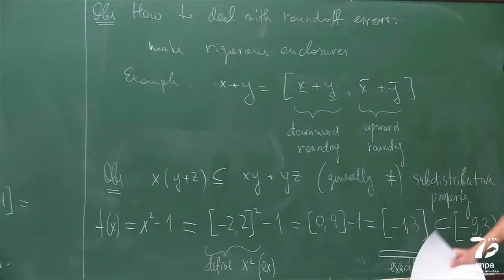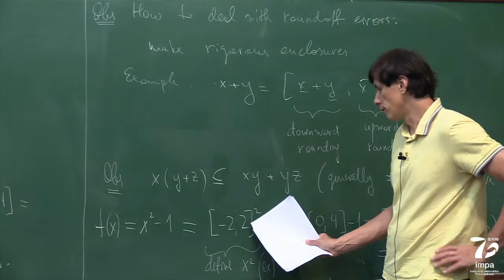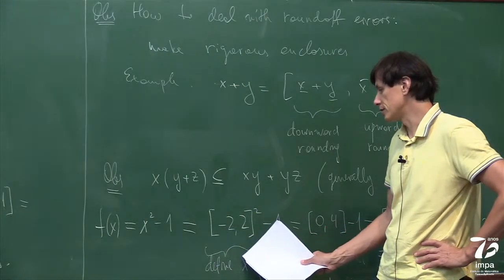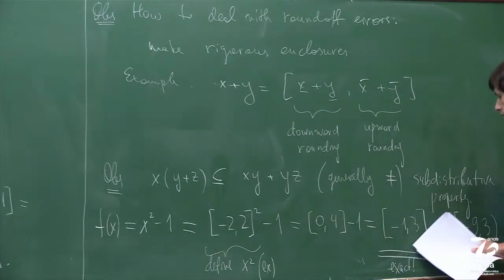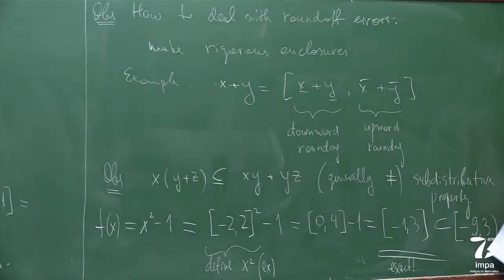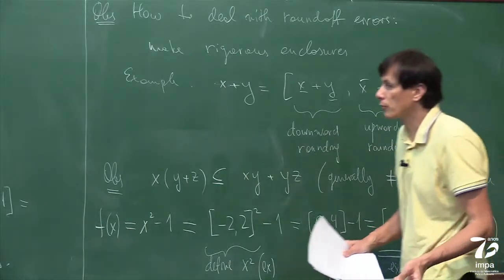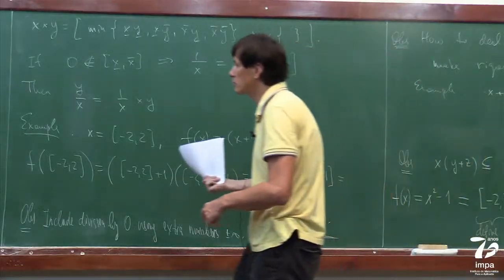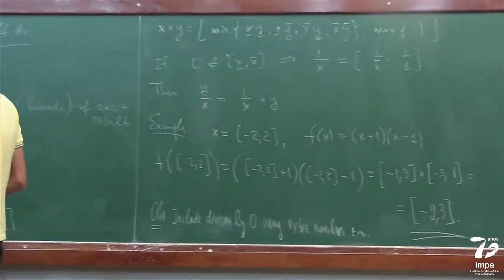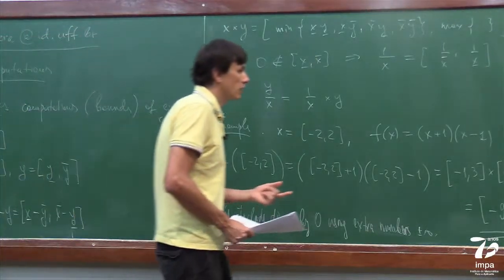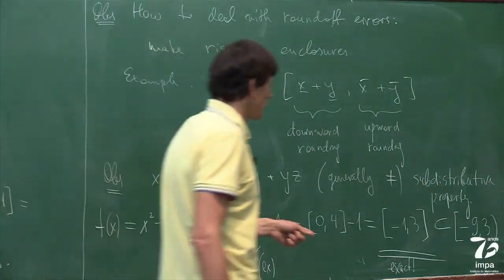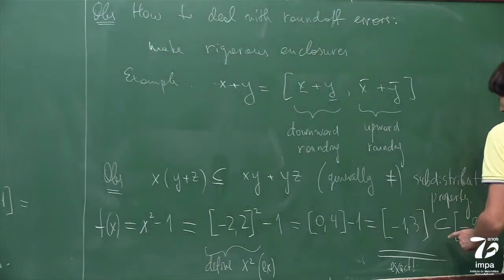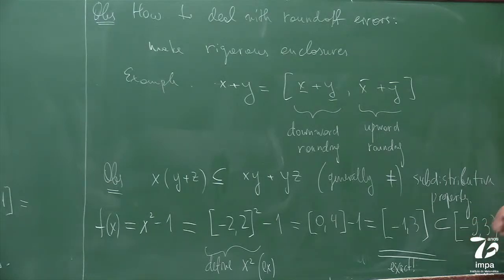So this is the exact relation. It means that if we take an interval as an input, this is the exact interval as an output. And this is not exact. So depending on how you compute, you can get an exact result in terms of interval arithmetic, or you can get a result which is still correct, but correct in the sense that it will contain the exact result.